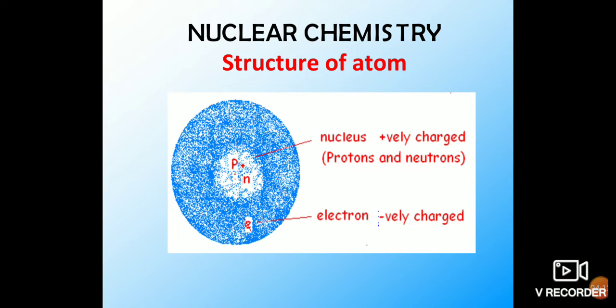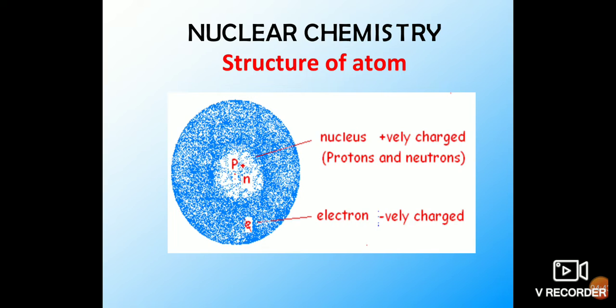Now here atom is divided into two different parts, the central part and exterior part. Central part contains protons and neutrons, and dense core is called as the nucleus. That nucleus is positively charged, that contains proton and neutron.